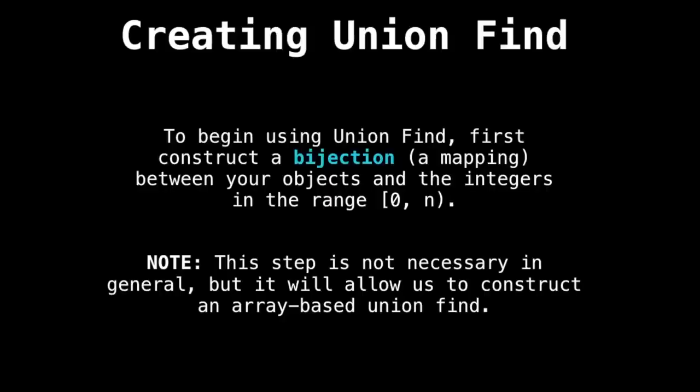So to create our union find, the first thing we're going to do is construct a bijection, or simply a mapping between our objects and the integers in the range 0 inclusive to n non-inclusive, assuming we have n elements. This step in general is actually not necessary, but it's going to allow us to create an array-based union find, which is very efficient and also very easy to work with.